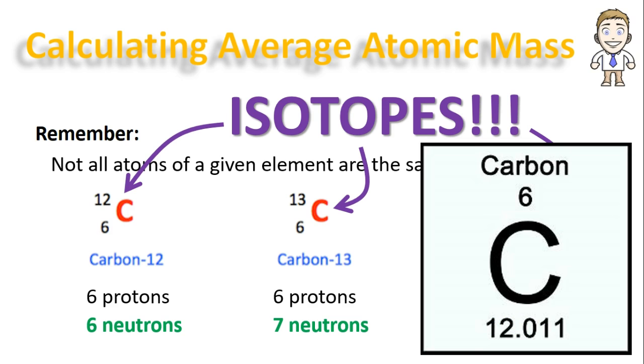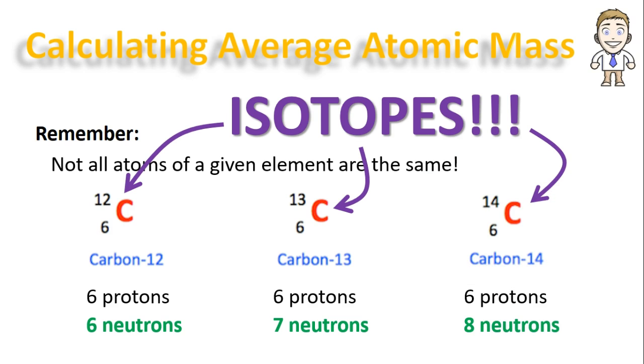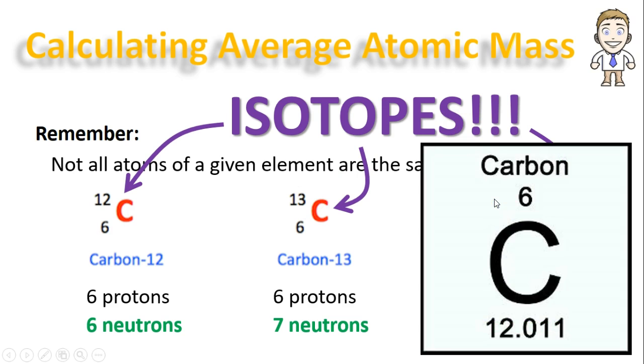The reason that decimal is there is because periodic tables give you the average mass of all carbon atoms. So, like we just saw, carbon can have a mass of 12, 13, or 14. So on the periodic table, the decimal you see is the average mass of all those different masses combined. And that's what I'm going to show you how to calculate in this video.